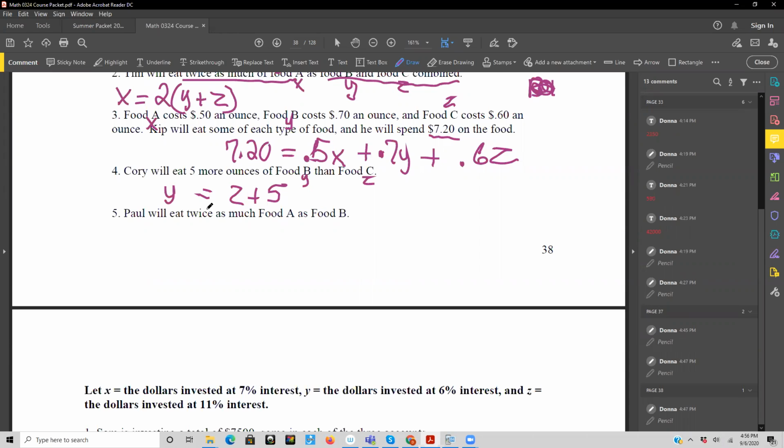Be careful with the word twice. Paul will eat twice as much food A as food B. So this is X. This is Y. He's going to eat twice as much as X, and he is Y, so the twice goes right here. Okay, because X has to be bigger than Y, right?